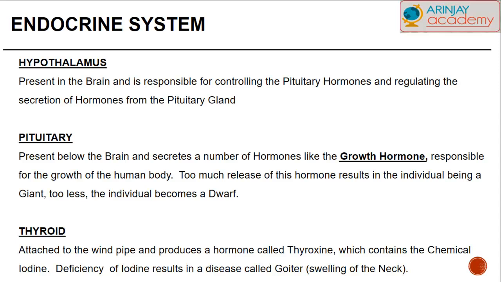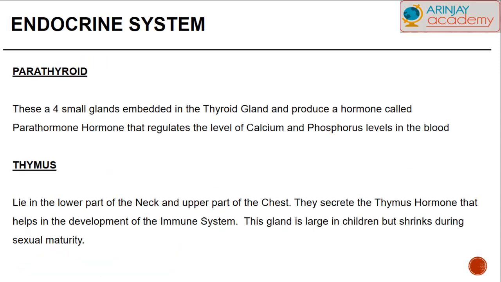The thyroid gland secretes or produces a hormone called thyroxine. This contains a chemical called iodine. Iodine deficiency results in a disease called goiter, or swelling of the neck. The parathyroid gland, on the other hand, is a bunch of 4 small glands embedded in the thyroid gland.